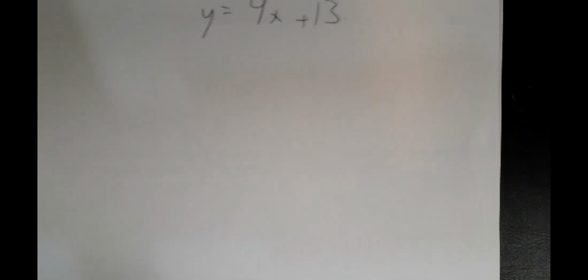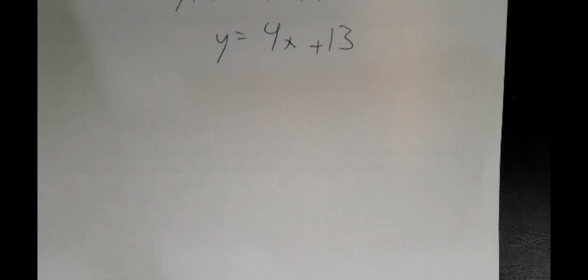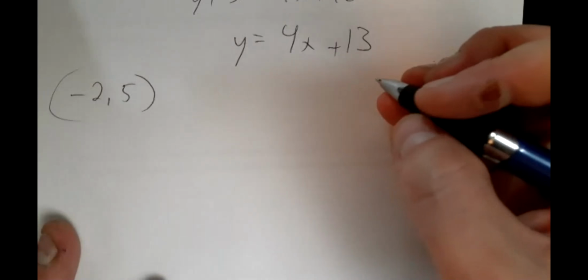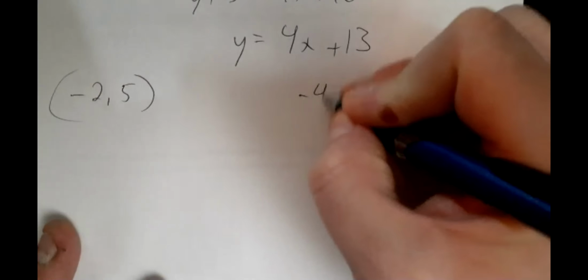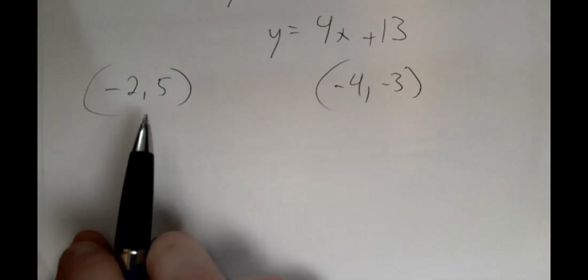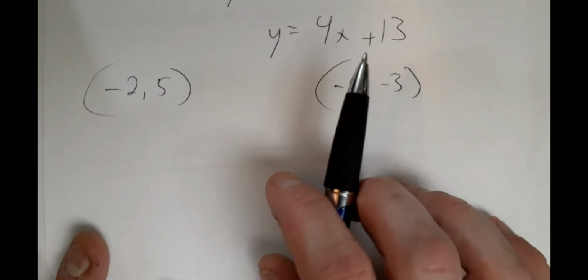So we have our line, y = 4x + 13. The next thing they want us to do is to plug in our 2 points to check this. So we have 2 points, (-2, 5) and the point (-4, -3). And so we're plugging these into this equation to check it.